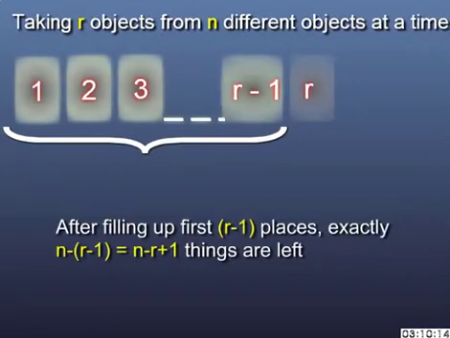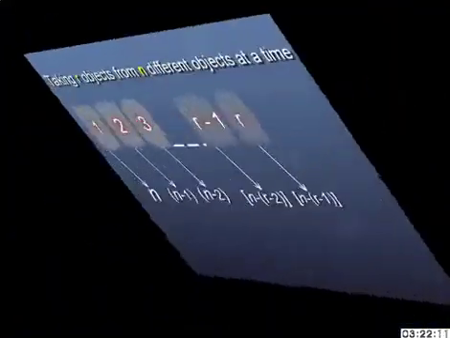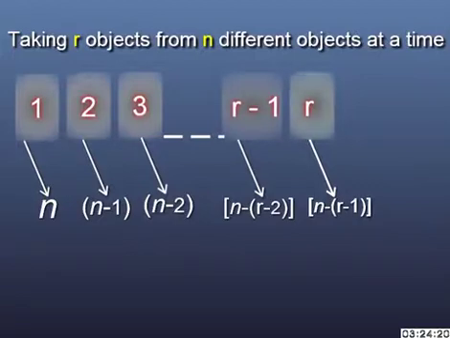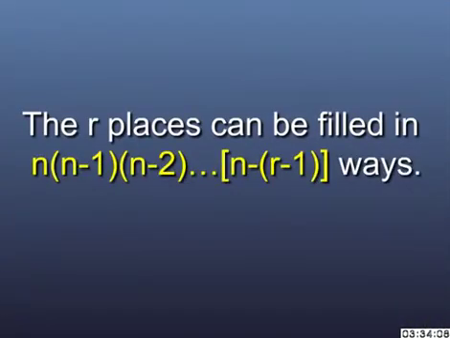After filling up the first r-1 places, exactly n minus (r-1), that is n minus r plus 1 things are left. So, the rth place can be filled in n minus r plus 1 ways. Hence, the r places can be filled in n into n-1 into n-2 and so on into n minus r plus 1 ways.